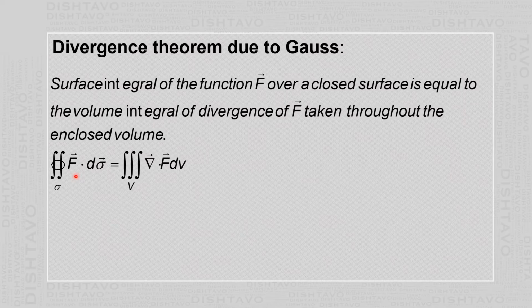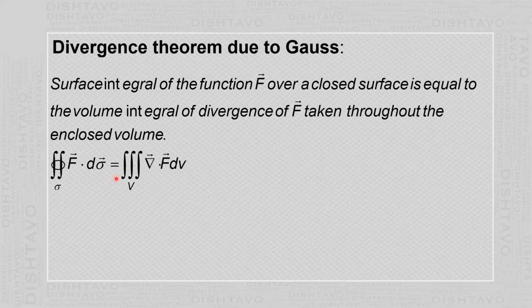So in order to make it a scalar quantity, we write this small change in the area as a vector. So we have the area vector, and we take a dot product between vector f and vector d sigma to make the integrand a scalar quantity.